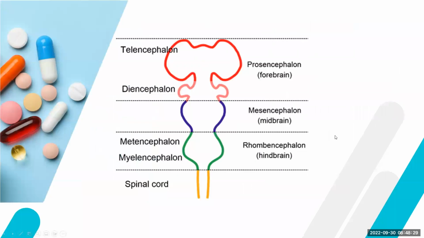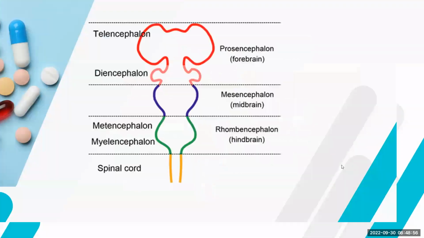So there is the summary: prosencephalon, forebrain, but divided into 2, telencephalon and diencephalon. Then we have the mesencephalon giving us the midbrain. The rhombencephalon will give us the metencephalon and myelencephalon, which are the pons and medulla. Then we have, of course, the spinal cord.